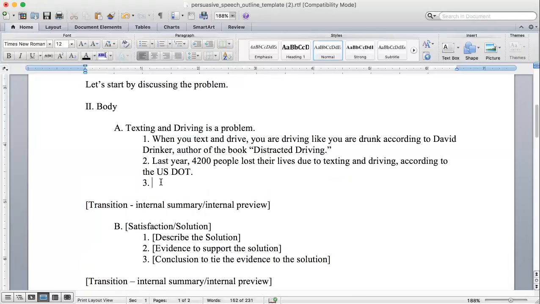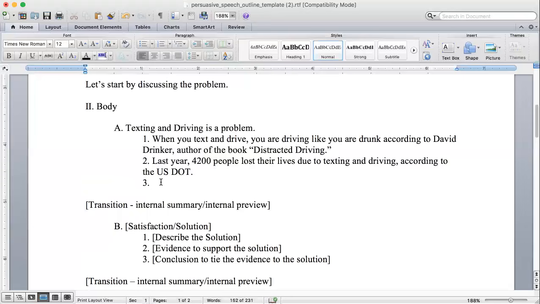So because we've got drunk driving here, the one piece I think that is missing is that there's no evidence to say that driving drunk is a problem. So let's try to connect that in here too.